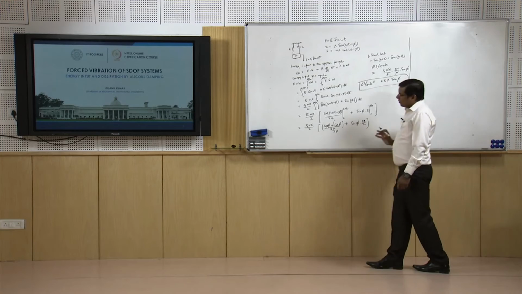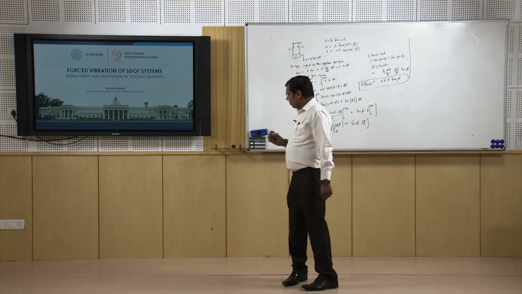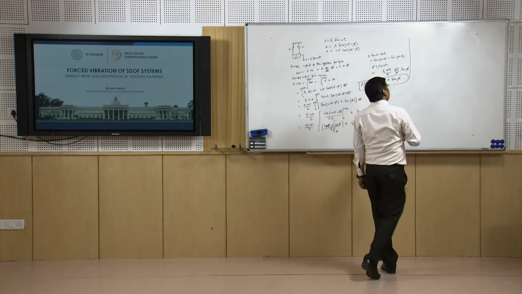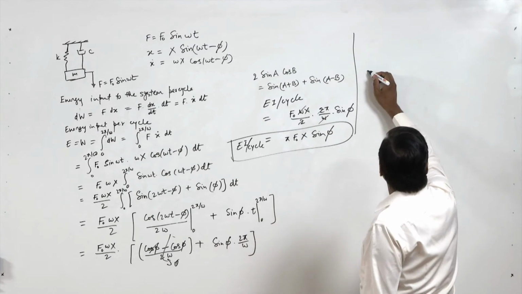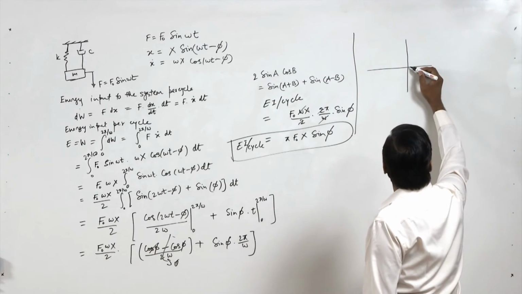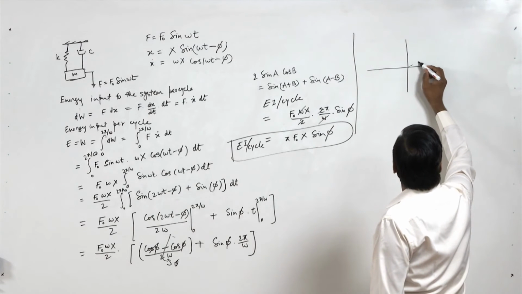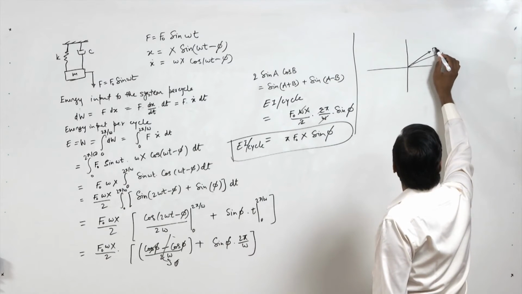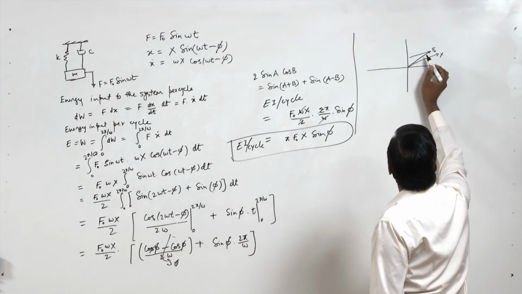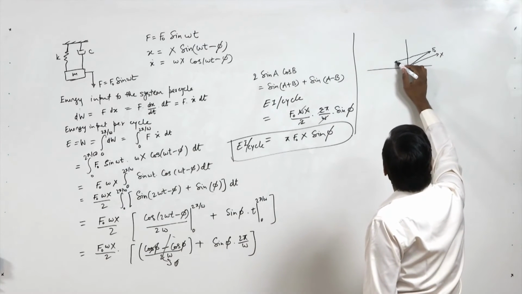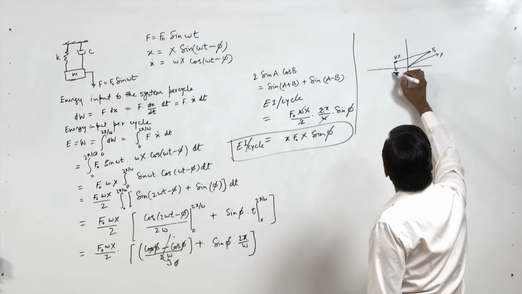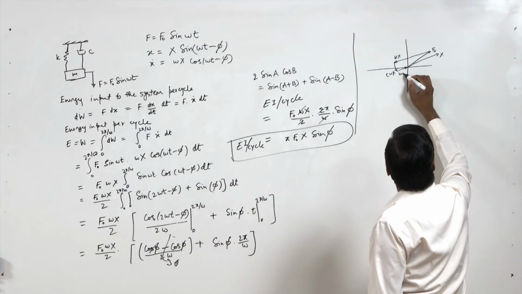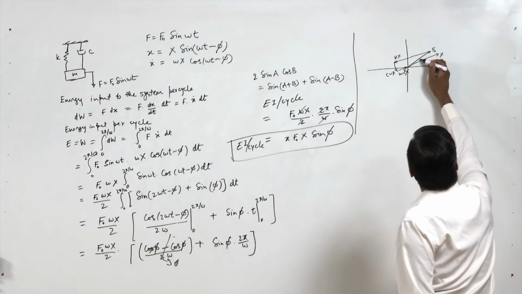So if we remember the vector diagram that we made for the forced harmonic vibration of a single degree of freedom system, we have this vector diagram. Here this is x and this was f0, then this is kx, this is c omega x, and this is m omega square x, and this is phi.